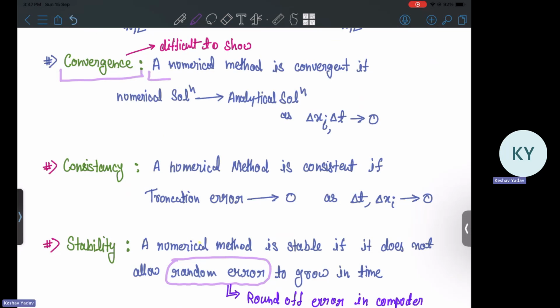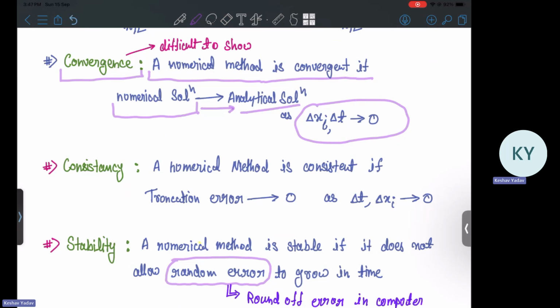A numerical method is convergent if the numerical solution goes to the analytical solution as delta x and delta t go to 0. So if I decrease delta x and delta t, my solution will go to the analytical solution. If this is satisfied, then the numerical method is called convergent.